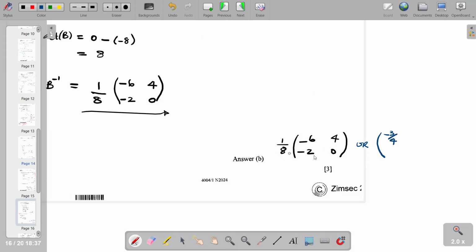Then this by this is minus 1 over 4. Then here it's gonna be a half, and here a 0. This 1 over 8 multiplies everything in the bracket. Then we go to the next question.